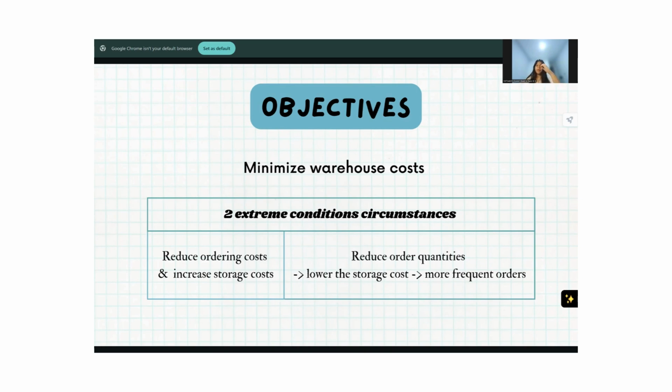It's a balancing act, so we need to decide how to minimize this warehouse cost efficiently. The two extreme conditions: first, reducing the order frequency and increasing the storage cost. Next is reducing the order quantities, where we lower the storage cost and get more frequent orders.